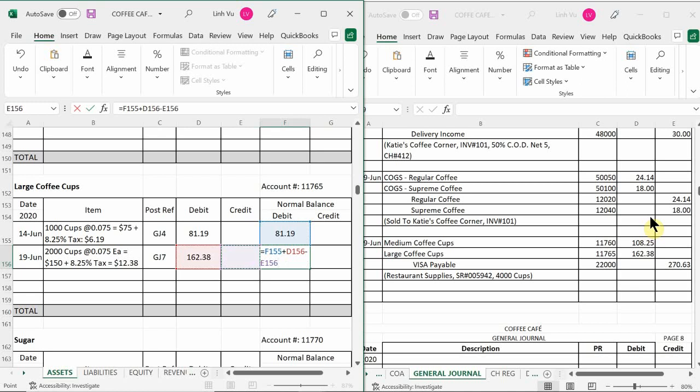So what's my ending balance in my large coffee cups?